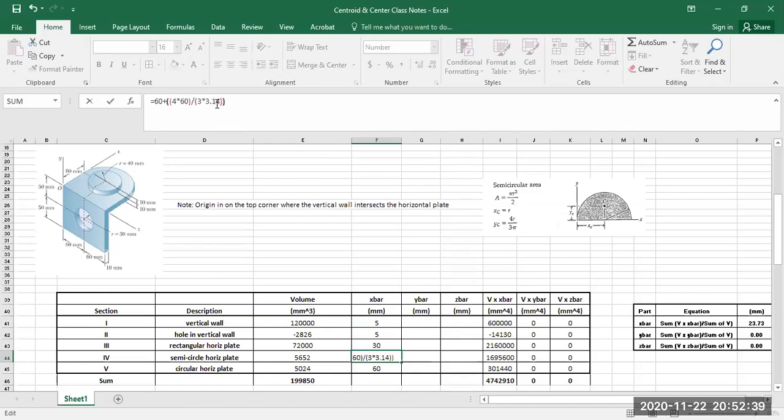So it's 60 millimeters plus 4r divided by 3 pi. Okay, so that's what x bar is.